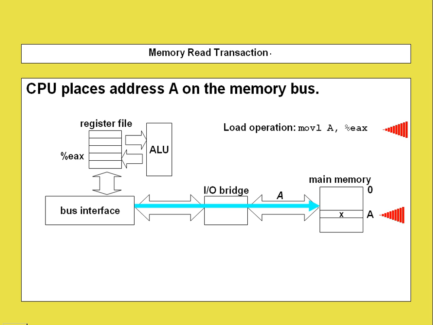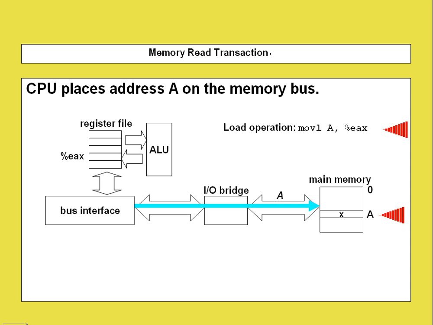We wanted to just give a little feeling of how actual data transfer takes place. What are the steps involved? For example, let's consider a typical assembly language instruction: movl A, %EAX. Usually, in practical computers, the registers are referred to with some symbolic names.